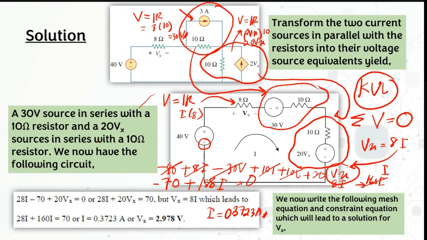Then in order to get your Vx, Vx is equal to I times R. So this I is going to be this, times your R, which is 8, and you are going to get your Vx equal to 2.978.